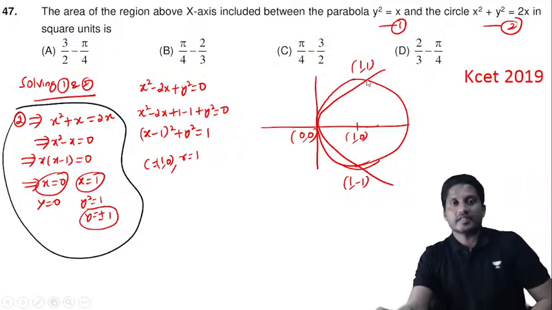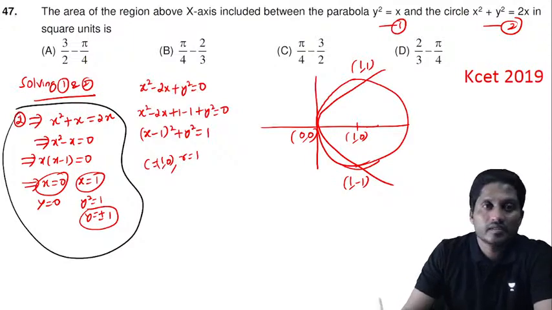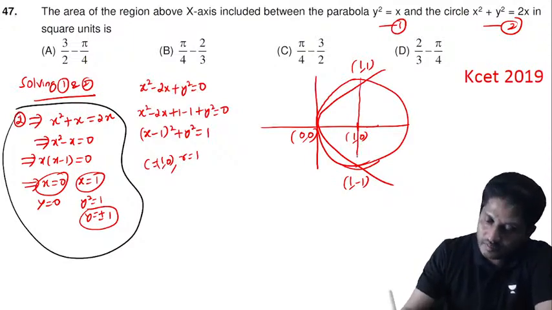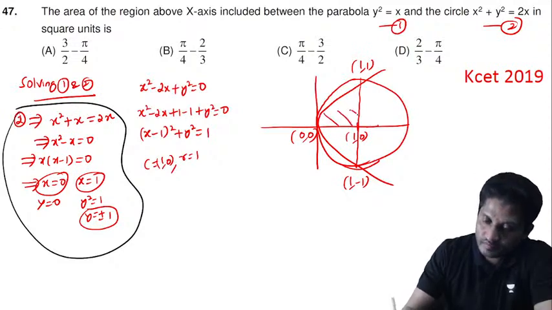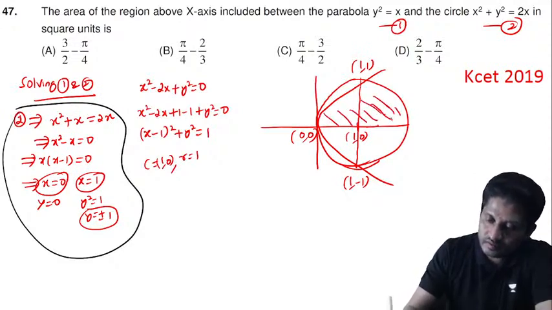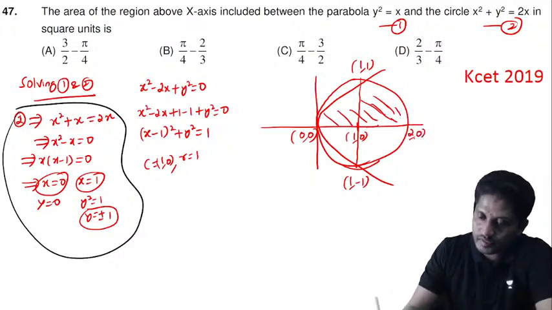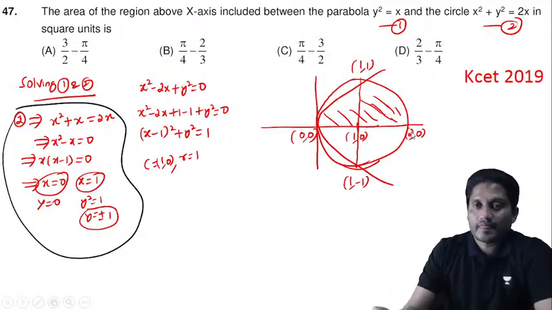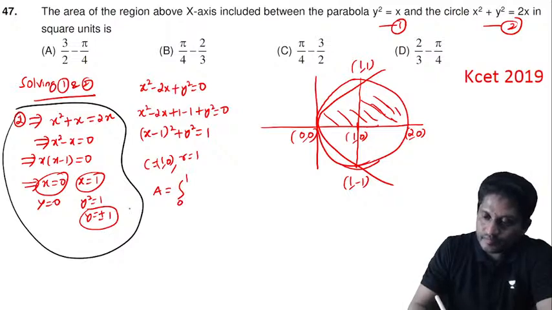Alright, area of the region above x-axis included between the parabola and the circle. So I am supposed to find out area above x-axis. That is this area. Alright, this is 1 comma 0, means this is 2 comma 0, right? So let me take like this. Area is equal to 0 to 1, I'll take parabola.